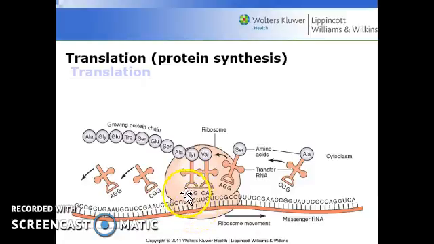Actually, I think this one would pair with AU, UA, and CG, because they don't line up exactly as they should. But as these are paired together and this messenger RNA is being read, you have the proper amino acid being brought into the ribosome.